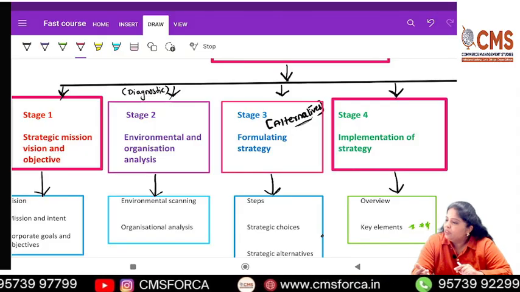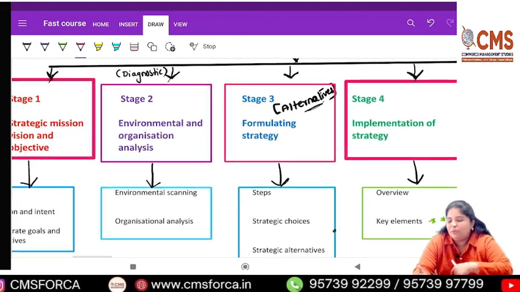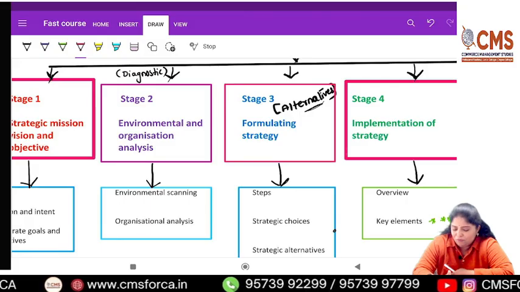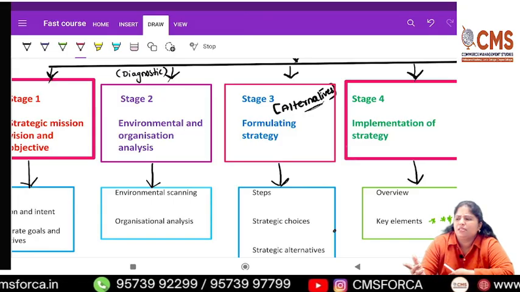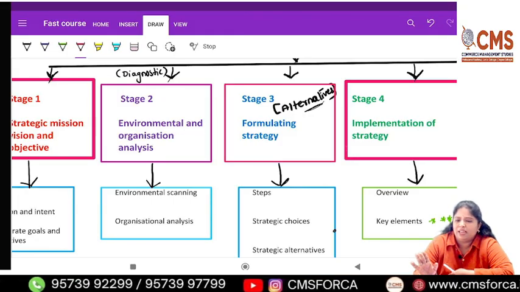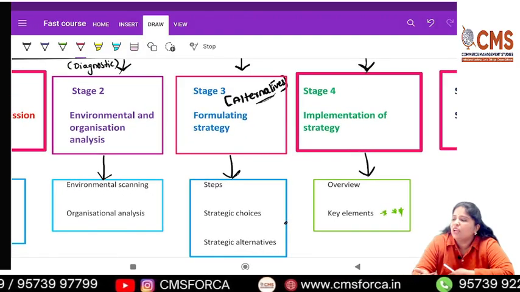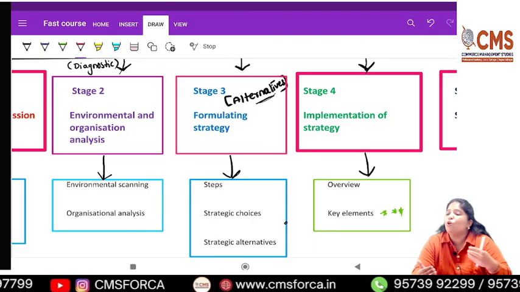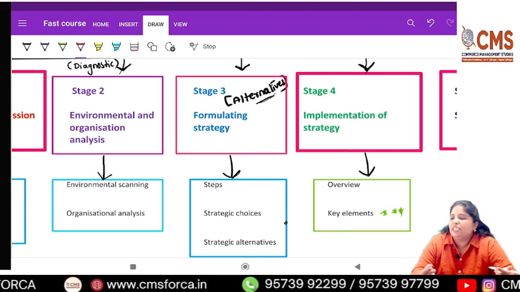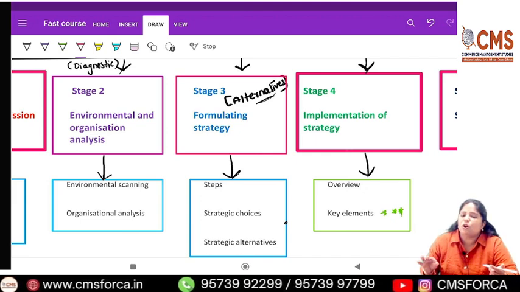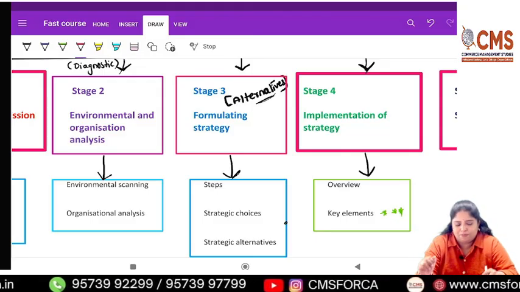Vision, mission, goals and objectives. Done. What should be stage 2? Environment and organization analysis. So one is external analysis, one is internal analysis. That much clarity we are having. So stage 3, we are going to formulate strategy, and we know for a fact that we always develop multiple alternatives, we analyze those alternatives, and we make one best alternative choice.